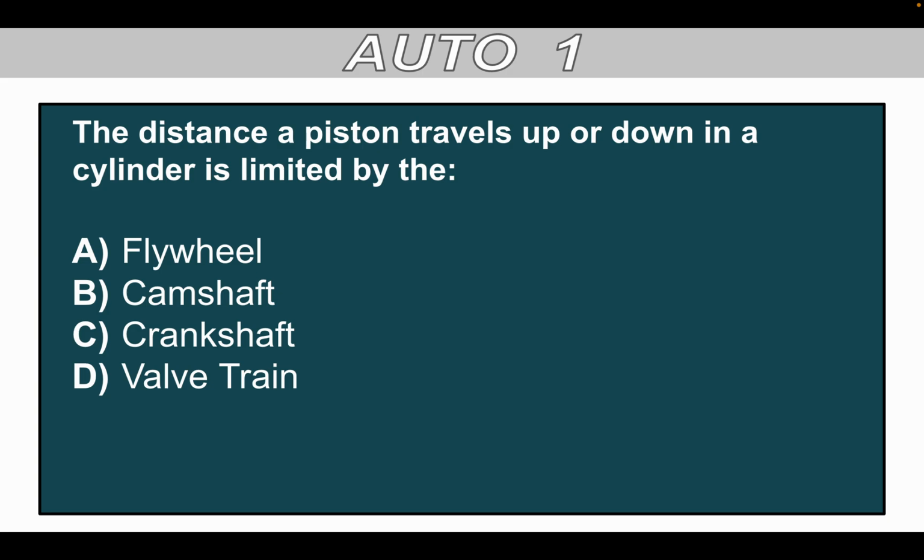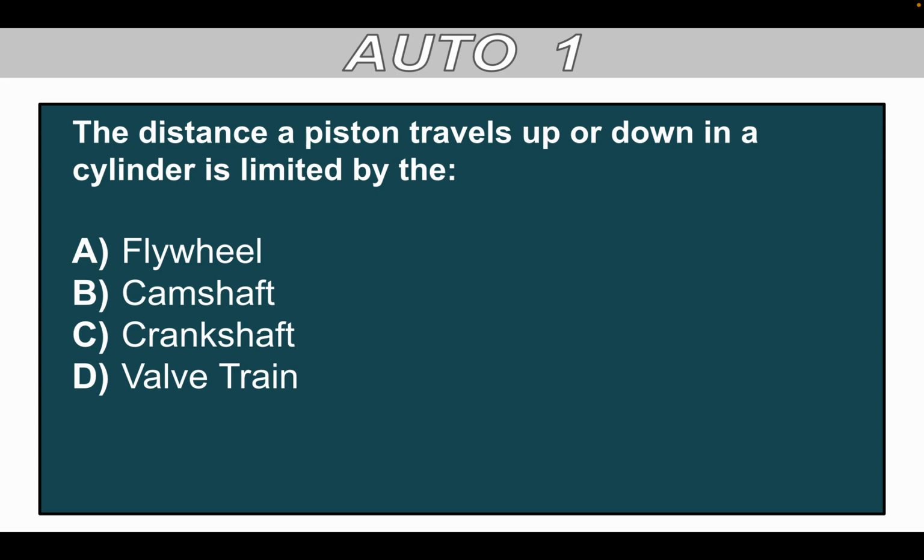If you ever come across a test question like this one, where you don't necessarily know the answer 100%, my advice to you would be to try to eliminate as much stuff that you know is not going to limit the piston travel up or down in a cylinder. Okay?